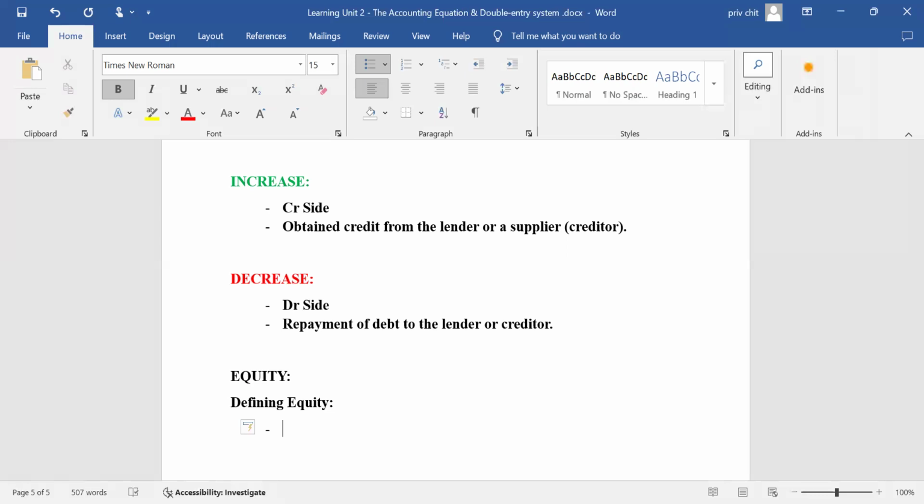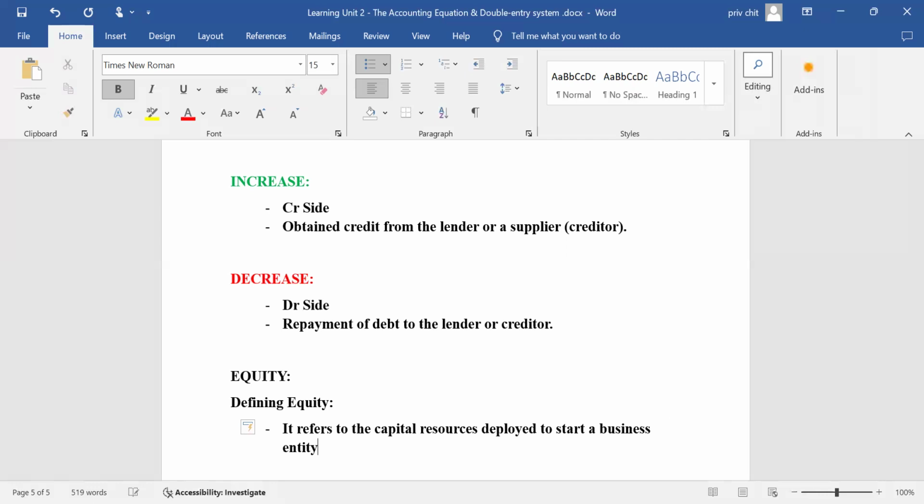look, in simple terms, it refers to the capital resources deployed to start a business entity.